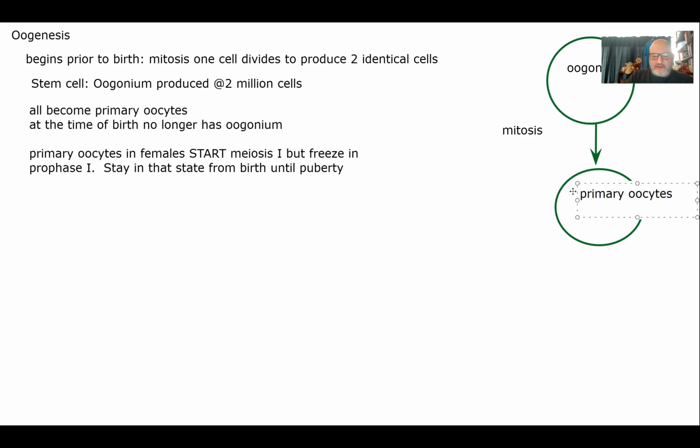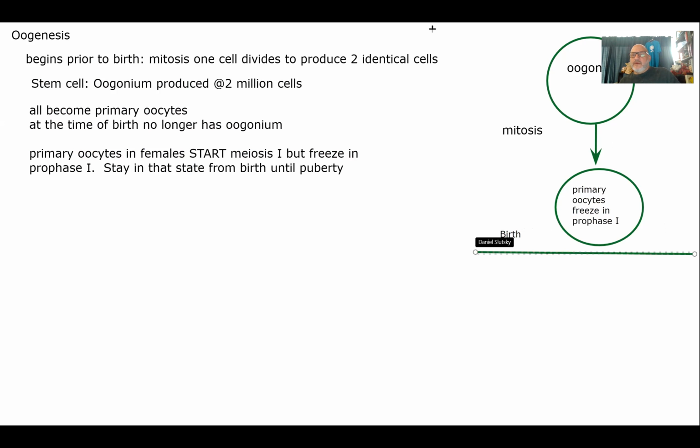And these primary oocytes freeze in prophase 1, from birth until puberty.